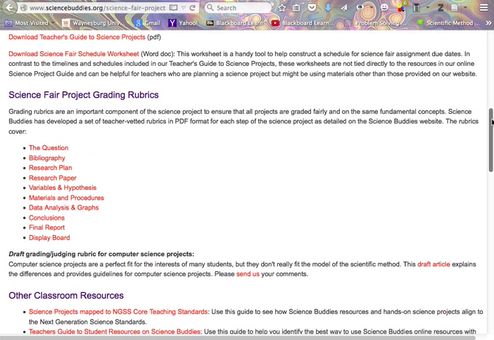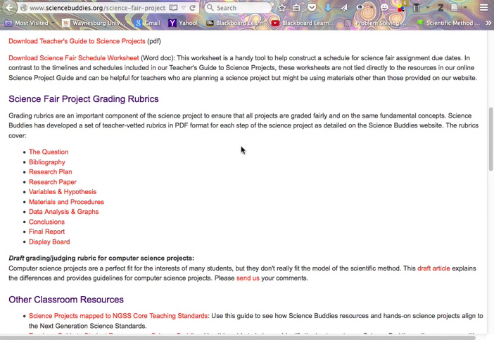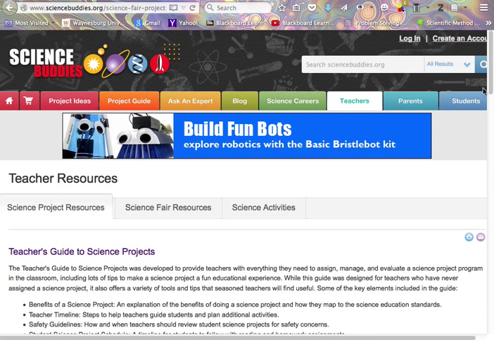You're going to work in groups, and you're going to select a science project in biology, and then some of your group members will look at the Science Buddies site and select various rubrics from this page and determine whether the project you selected met what you would consider a good judging criteria based on the rubric.